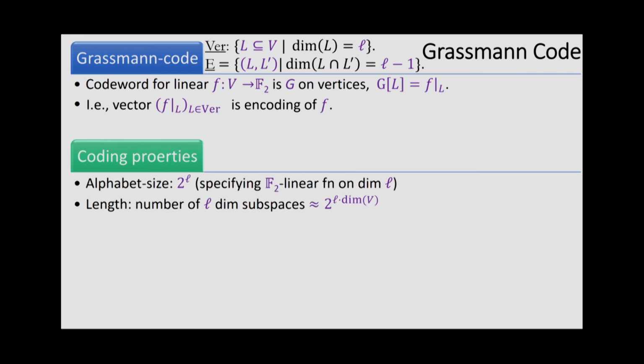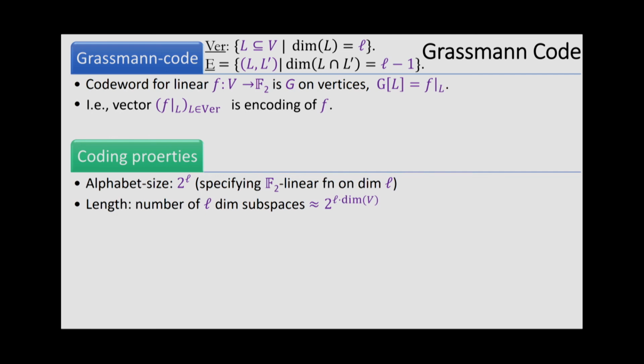First off, note that the alphabet size of this code is 2 to the L. Why is that? The symbols are linear functions over subspaces of dimension L, and because we're over F2, there are 2 to the L linear functions over an L-dimensional space. So this is why the alphabet size is 2 to the L.